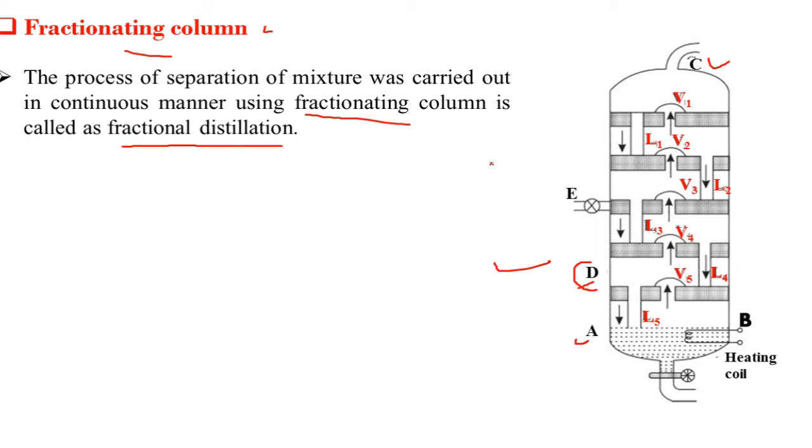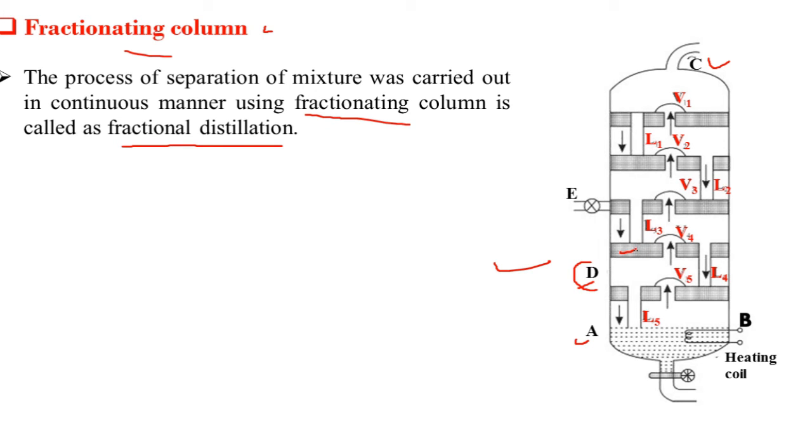The question arises: how does this work? Here the preheated liquid is allowed to enter the column through E and is cooled on the plate of column D, and this preheated liquid overflows through L3 onto the lower plate.